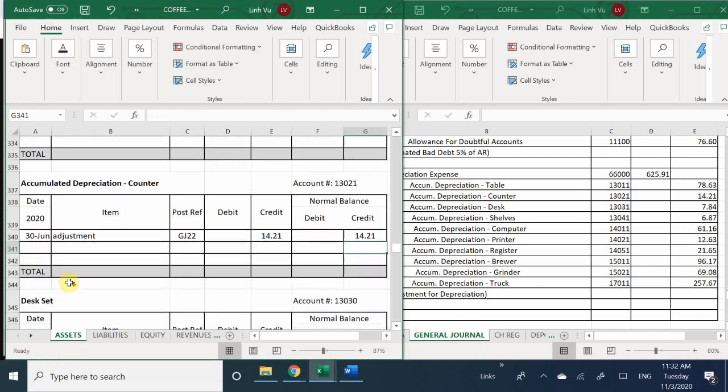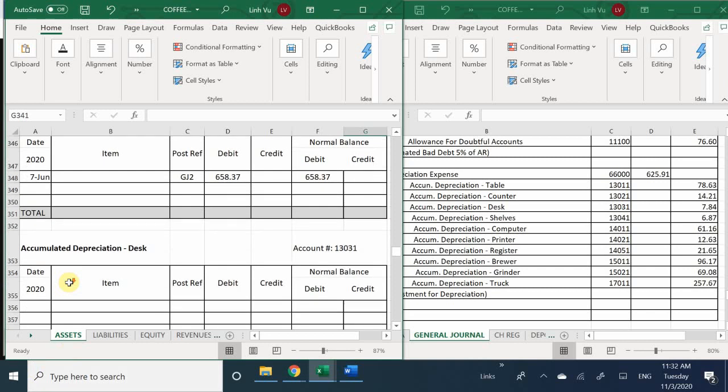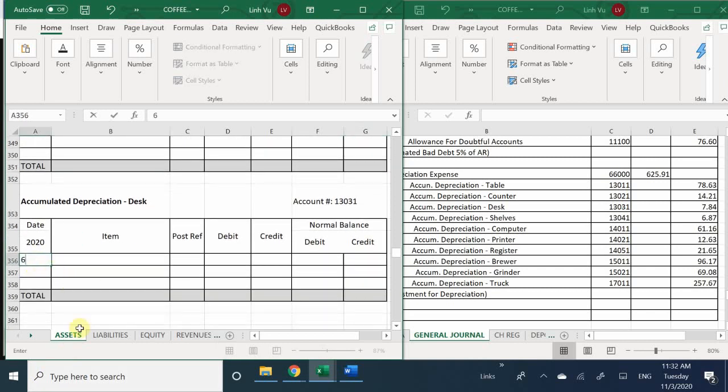Okay. Then I'm going to go down to my accumulated depreciation for my desk. Same thing. I think I'm going to write ADJ for adjustment for short. Okay, so general journal number 22. 784, making my credit the same.